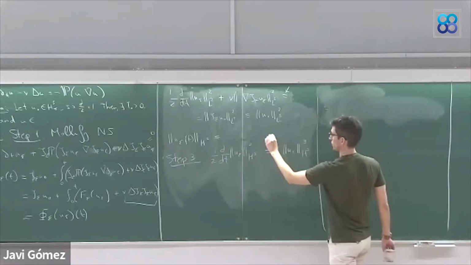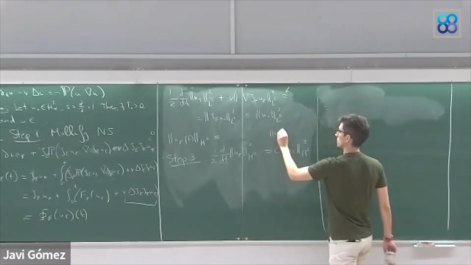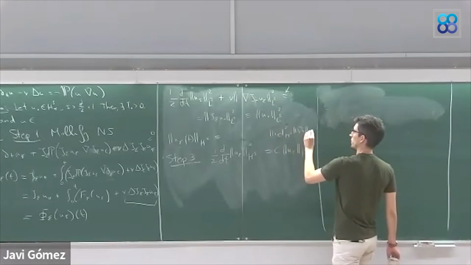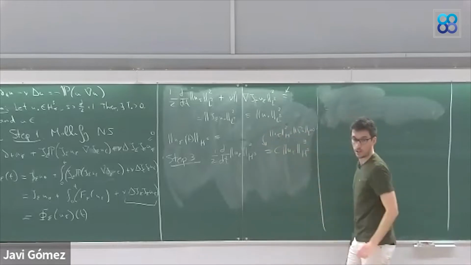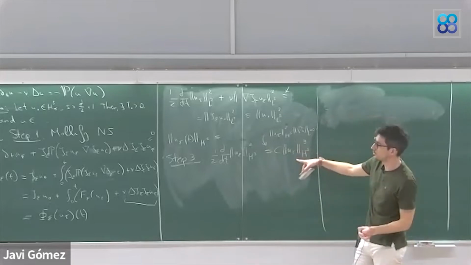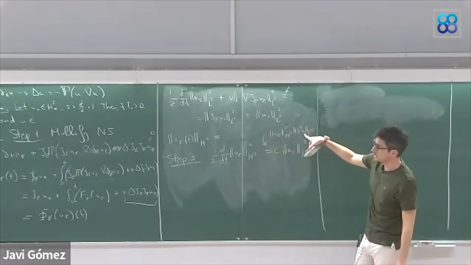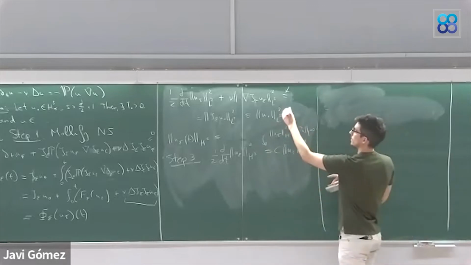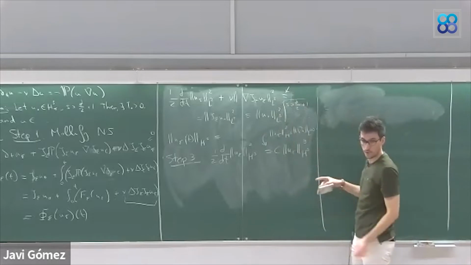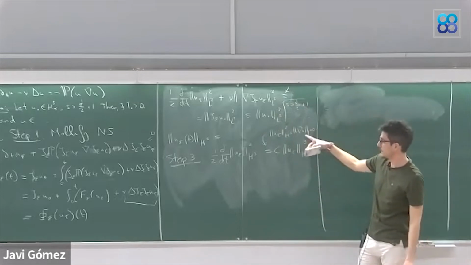This came from the HS norm of u epsilon squared times the gradient of u in L infinity. And this was basically the step where we used crucially the condition that s was bigger than d over 2 plus 1, so that we have the embedding into HS.